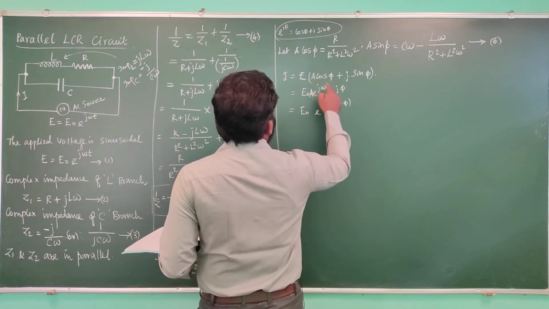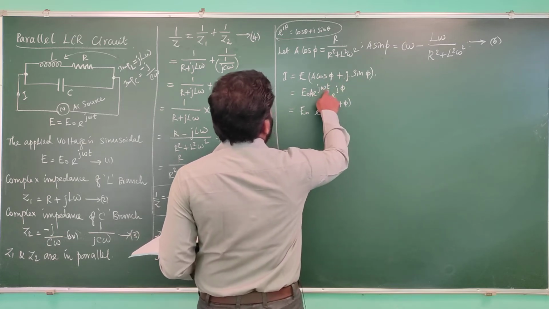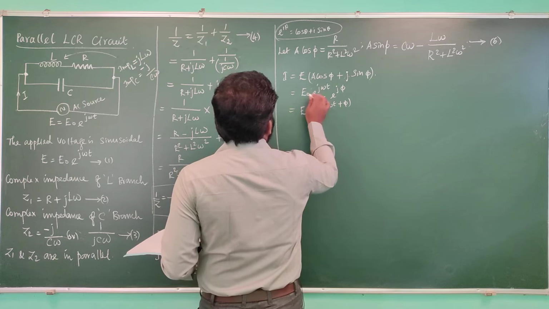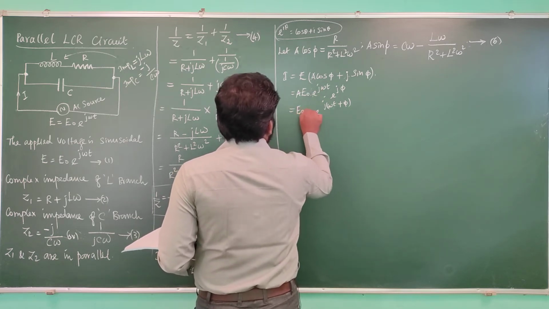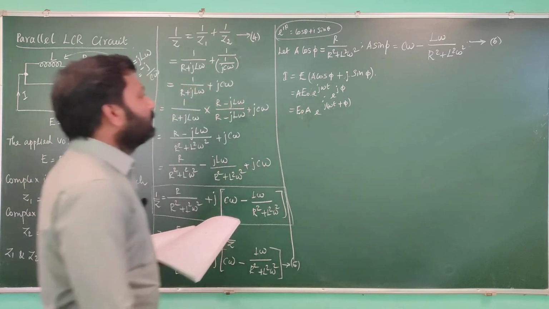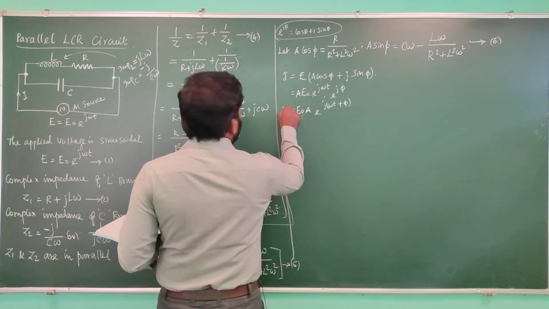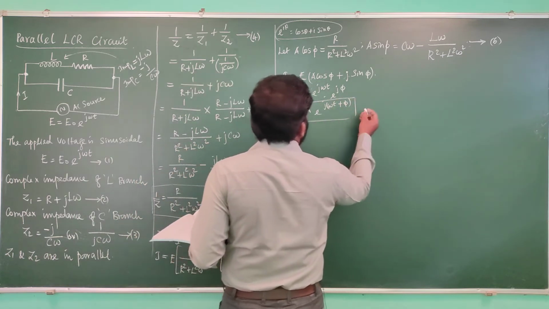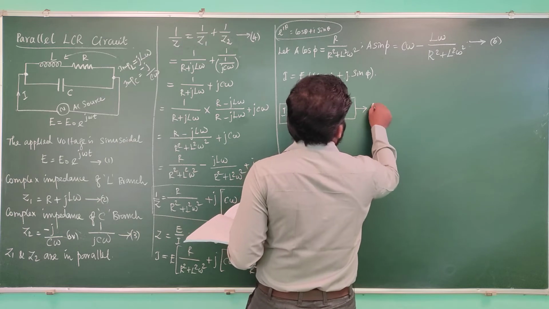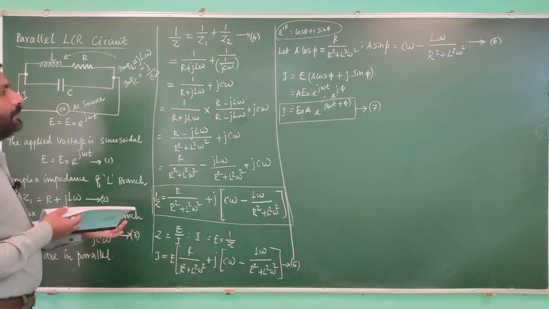There is an A, so it becomes E naught A e power j (omega t plus phi). This is equal to I. This is equation number 7.